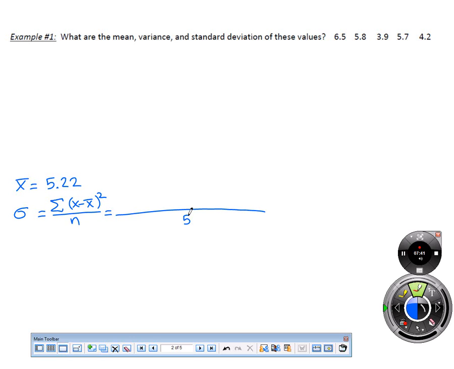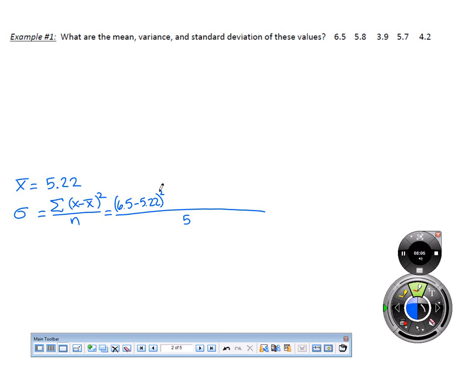How many things then am I going to be adding together if there are 5 pieces of data? 5. Because for each piece of data, I have to find its difference from the mean and square it. Each piece of data gets its own little difference that's being squared, that's being added together to find this average. So I would take my first piece of data, 6.5, subtract my mean and square.